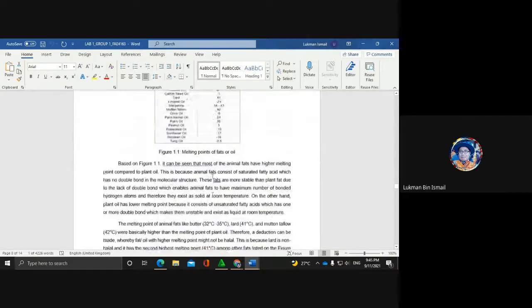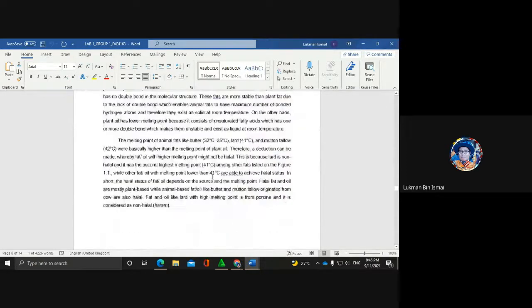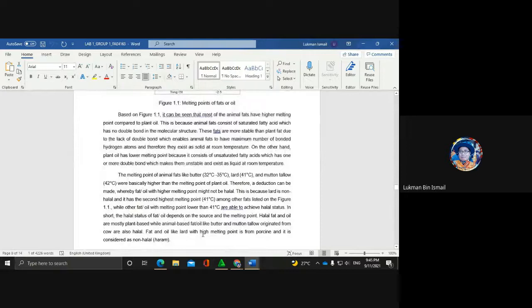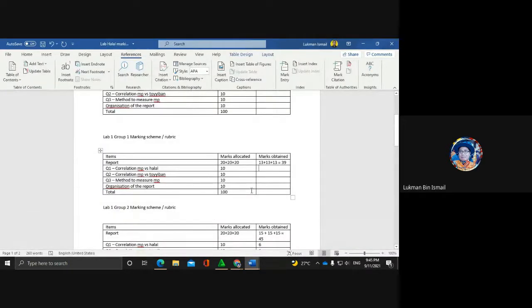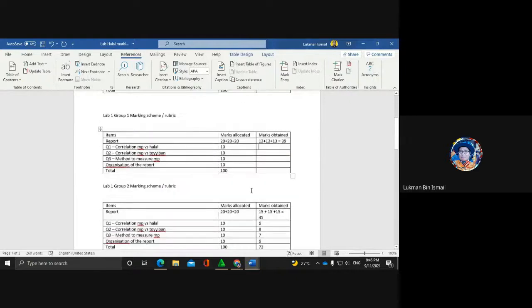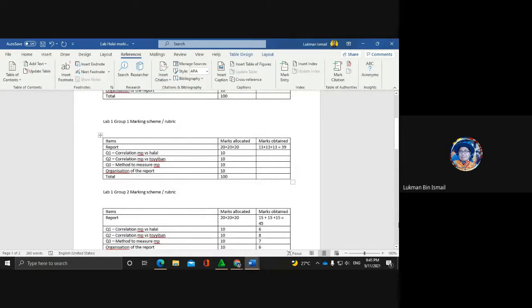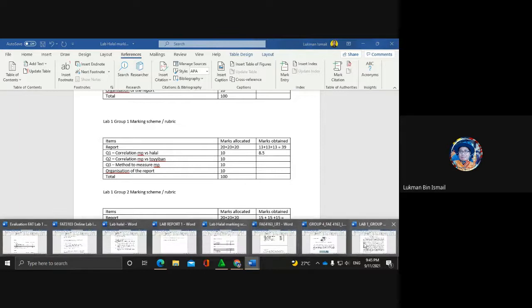Okay, so for the answer, I can give you 8.5 for this. Correlation between melting point and health.